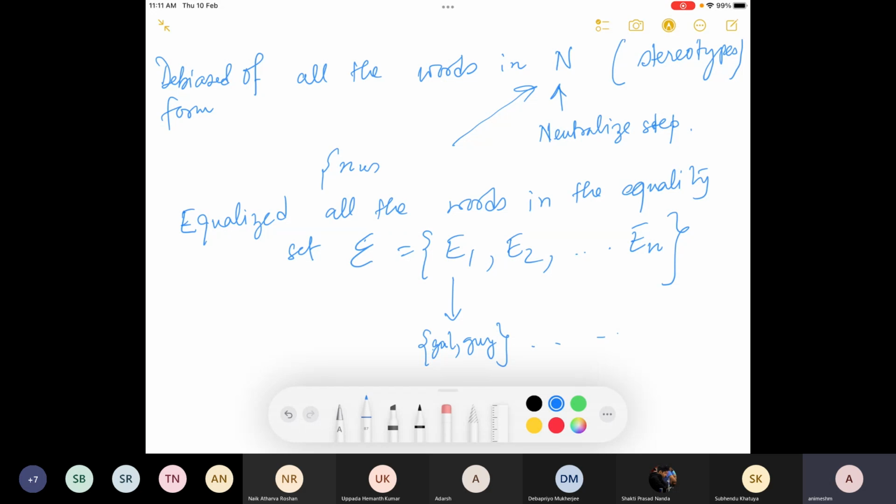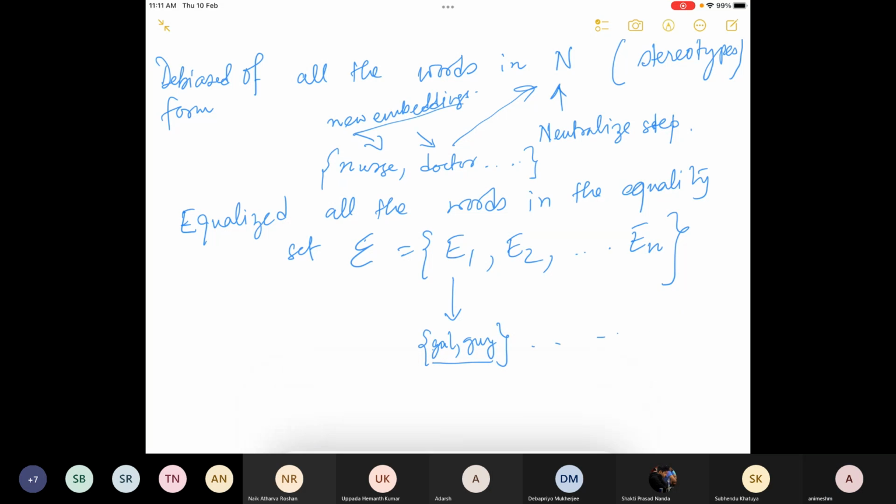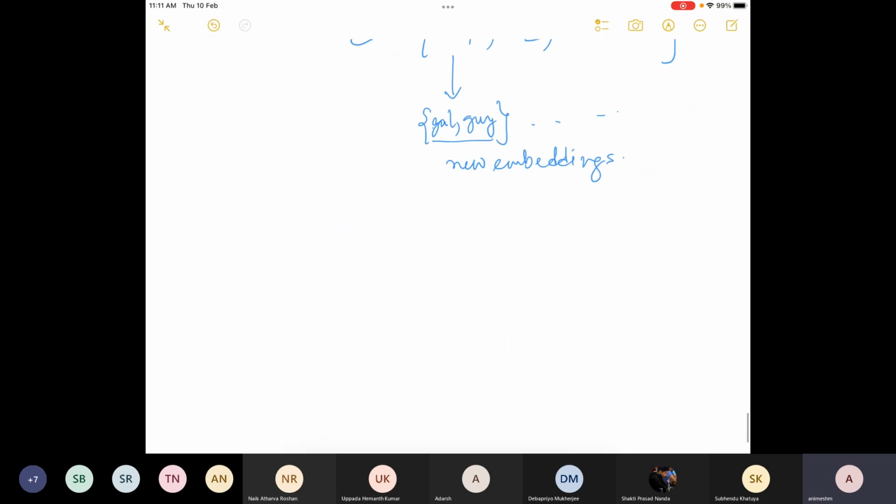These were like nurse, doctor, etc. So now you have new embeddings for each of these. After this algorithm has been executed, you have new embeddings here, and you also have new embeddings here, after the neutralize and equalize steps.